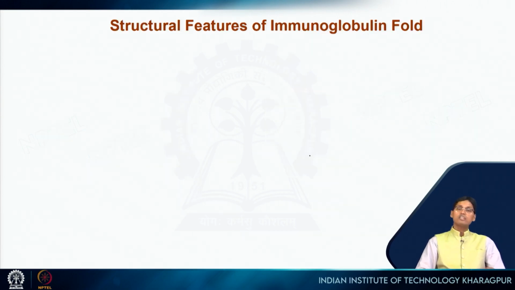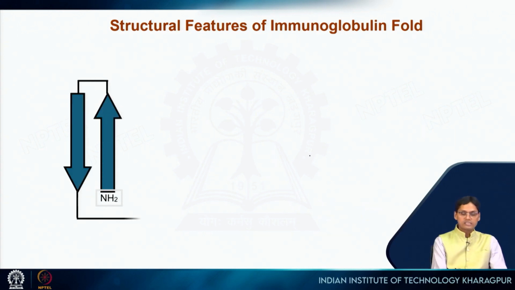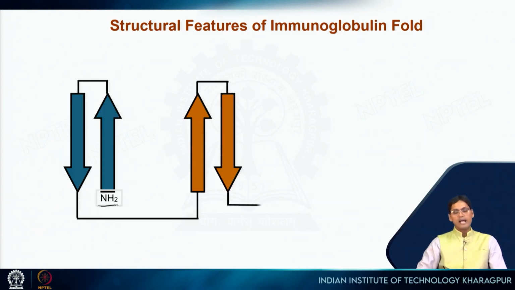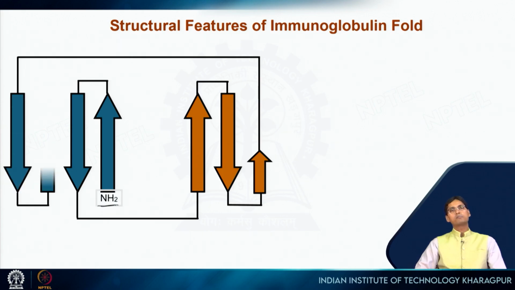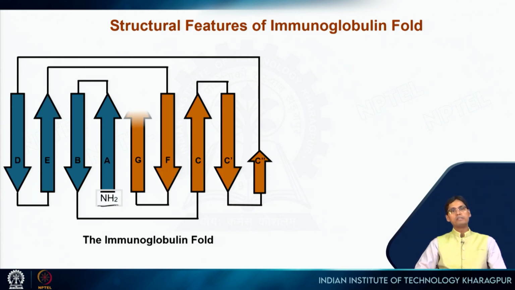Now, the structural features of the immunoglobulin fold. Whatever I mentioned about the BCR or antibody structure as well as the TCR structure, their units are immunoglobulin folds, and it is a protein. If I start from the N-terminal end, this protein is made up of beta strands. During the protein lecture, you came to know that proteins have alpha helices and beta strands.